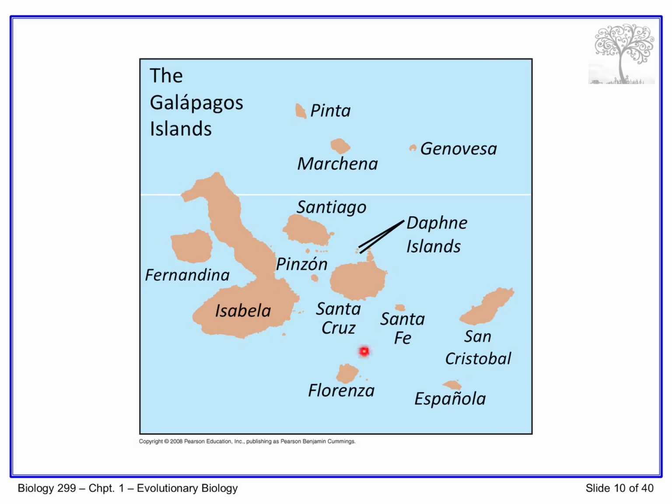And it's also important to realize that these islands are only 600 miles off the coast of Ecuador, which is over here to the east. And that's the closest land mass, South America. So Darwin recognized, he had just come from South America, he recognized that the animals and plants that he's seeing here in the Galapagos strongly resemble animals and plants he had just seen on the mainland of South America.